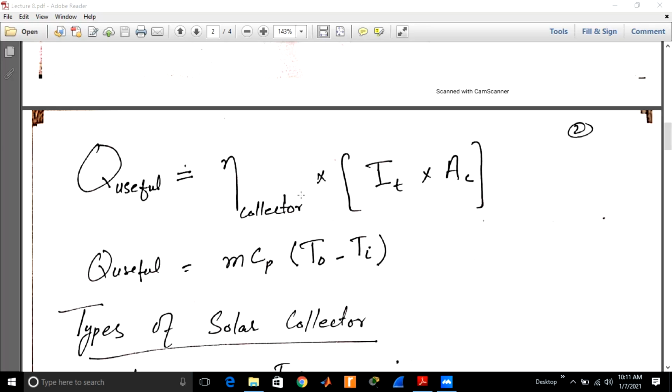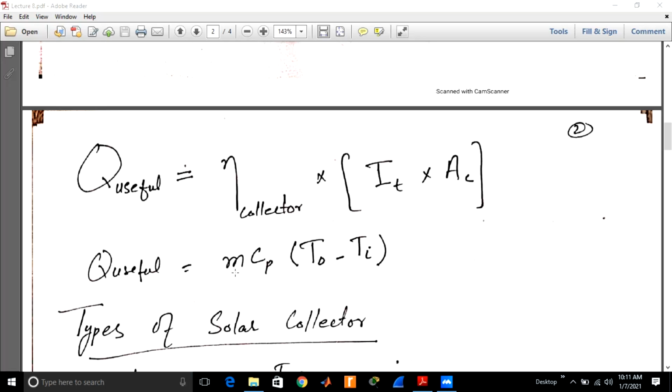The product of these gives you the useful heat. For example, if someone says that the efficiency of the solar collector is 75%, and the total beam radiation is a specific amount, and the area is some value, then multiplying these quantities with this efficiency gives the useful heat.